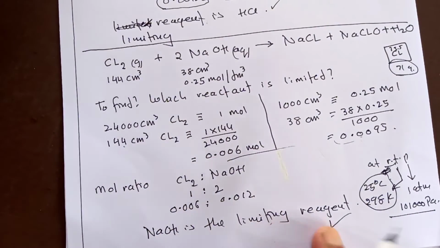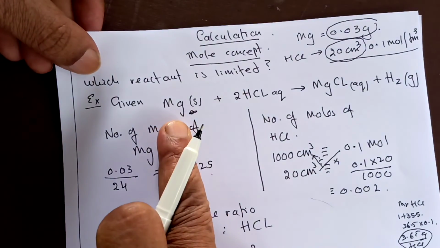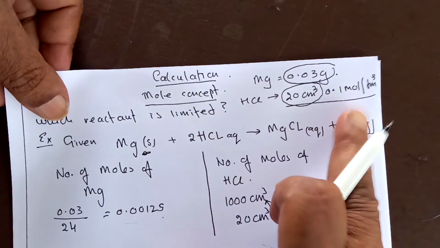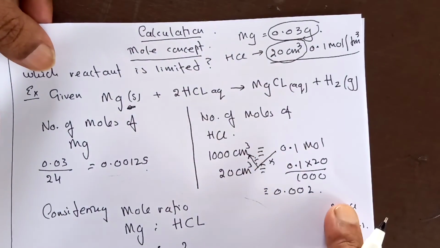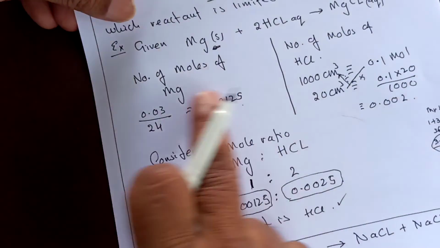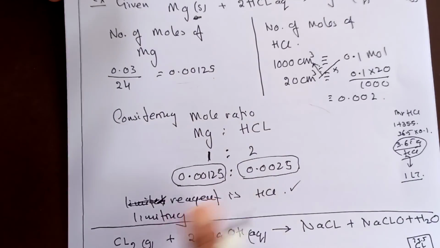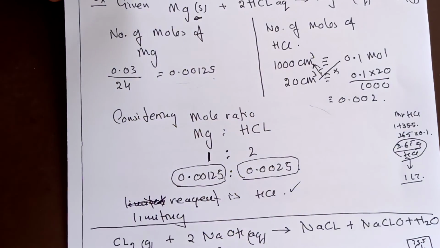Then you consider which is the limiting reagent. Okay, a small revision here. Here you have HCl. You are given the mass and the volume and the concentration. We convert the volume and concentration into number of moles, and we convert the mass into number of moles. Then we do the mole ratio. Then we see which is in excess and which is limiting.